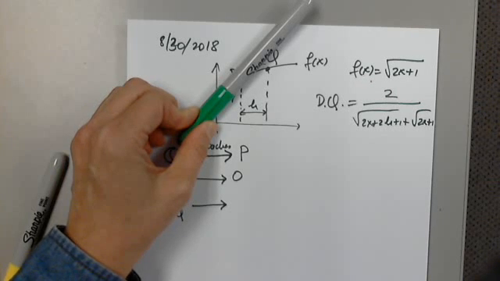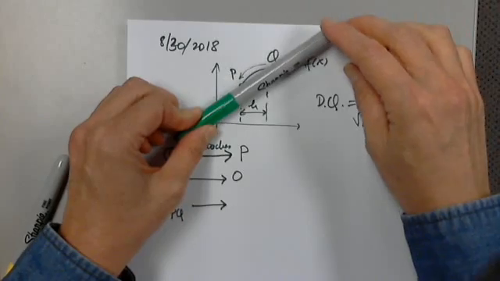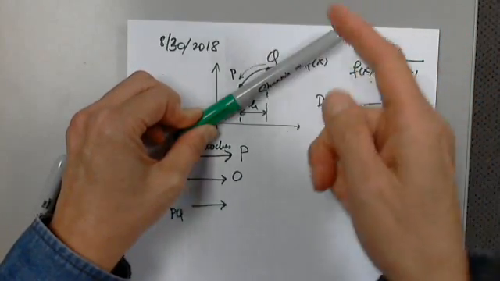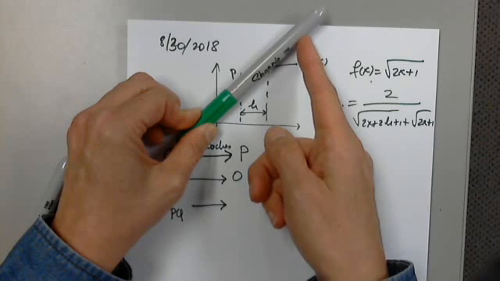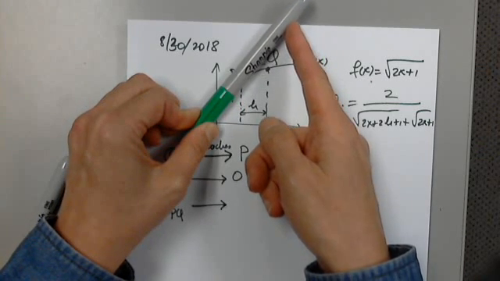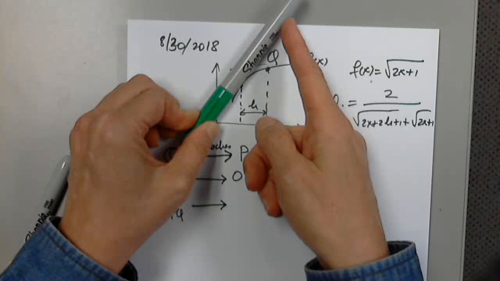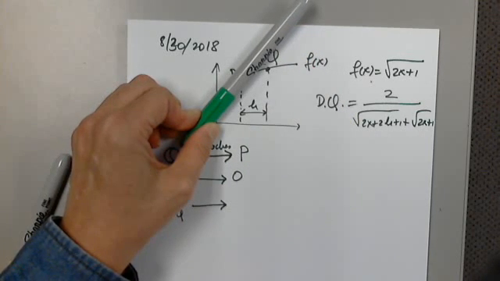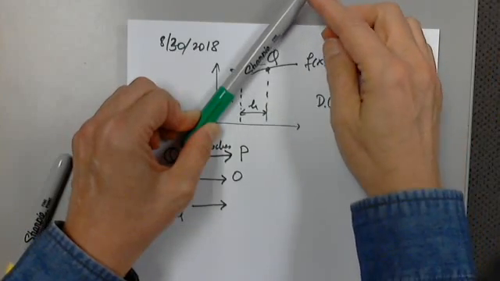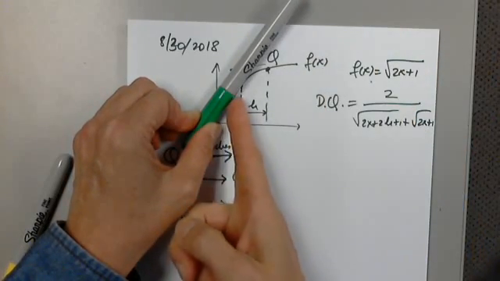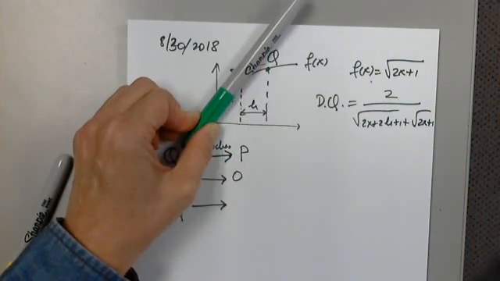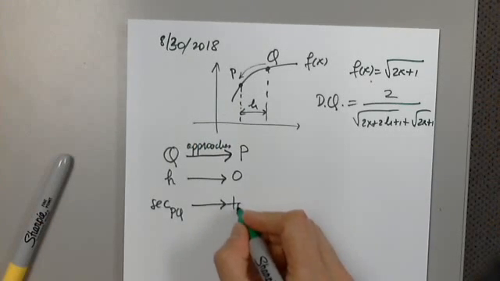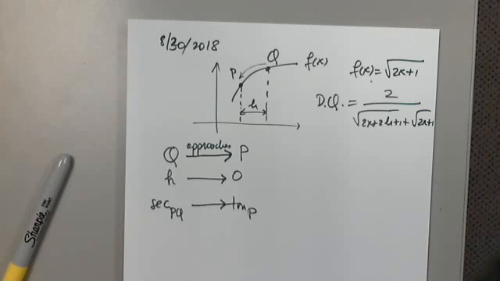What happens to the secant line? So it was this initially, but I'm bringing Q closer and closer to P. It becomes the, no, it's still a line. It's still a line, but the secant line becomes the tangent line at P. Awesome. It becomes the tangent line at P, right?